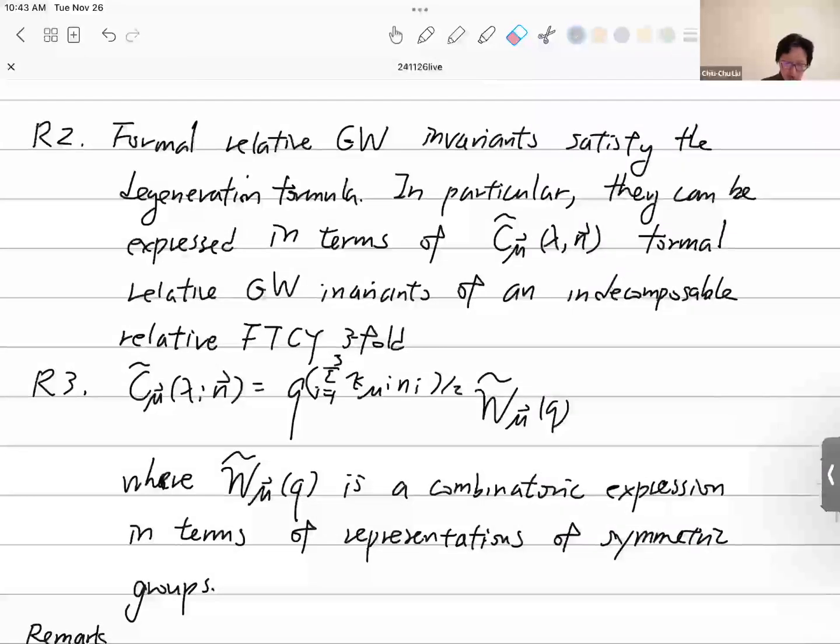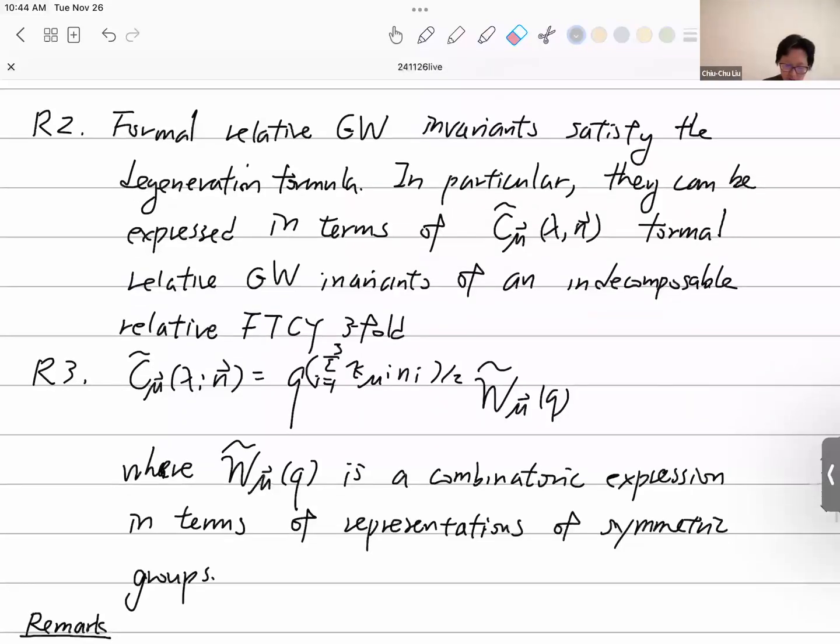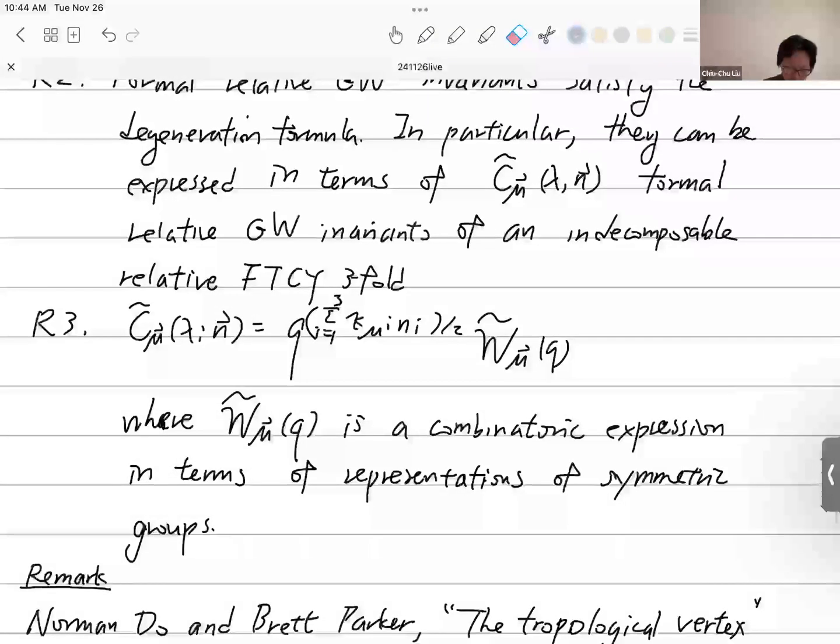Formal relative Gromov-Witten invariants satisfy the degeneration formula. So they can be expressed in terms of C tilde, which we define as a formal relative Gromov-Witten invariance of a decomposable relative formal toric Calabi-Yau threefold. Finally, we also have a combinatorial expression for our C tilde.